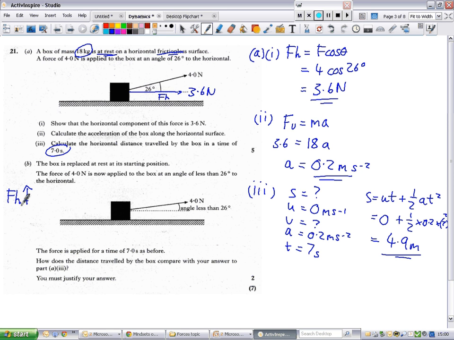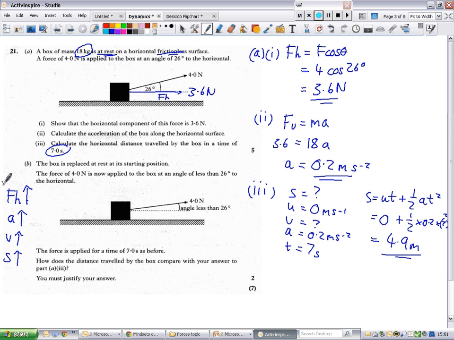So then think about the next step. If you've got a greater unbalanced force, then what's that going to do to the acceleration? A greater unbalanced force means you're going to have a greater acceleration. If you have a greater acceleration, then it's going to be travelling faster, the speed will be greater, so therefore the distance, S, will be greater. So that's your 4 half marks there, and this is what you would describe in words.